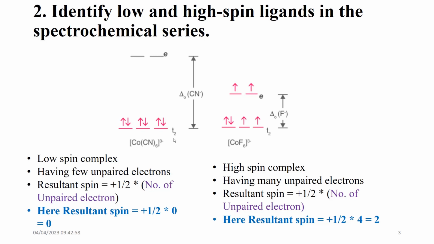It's called a low spin ligand because it results in electron pairing being favored over electron arrangement across these orbitals. This is the concept about low and high spin ligands.